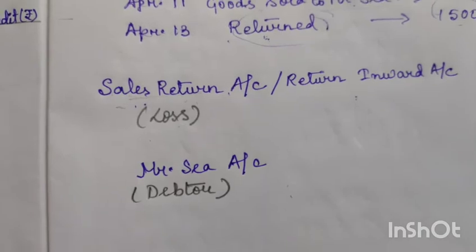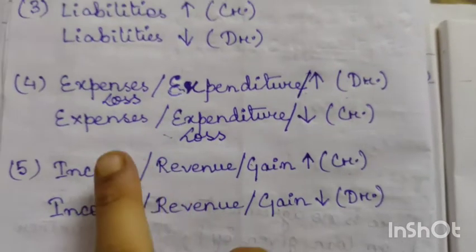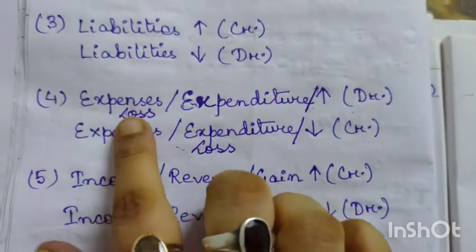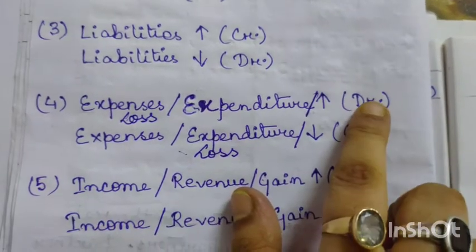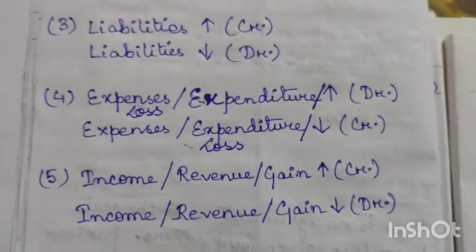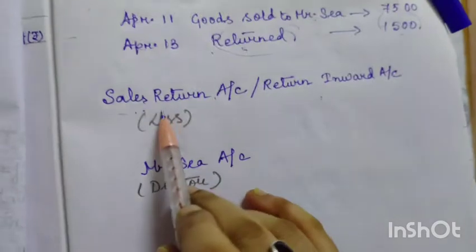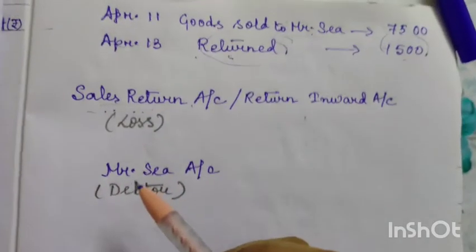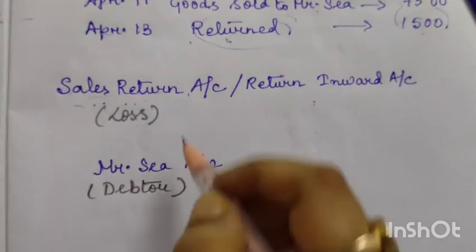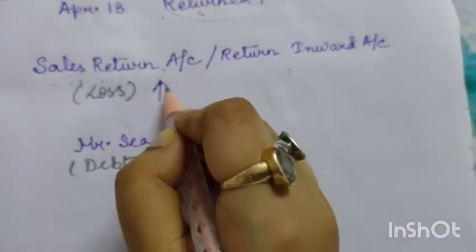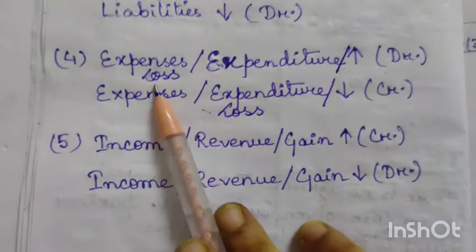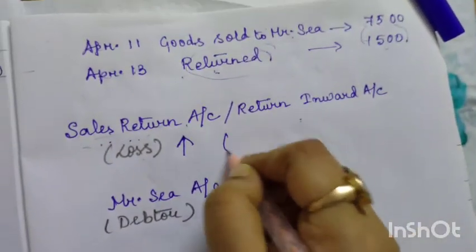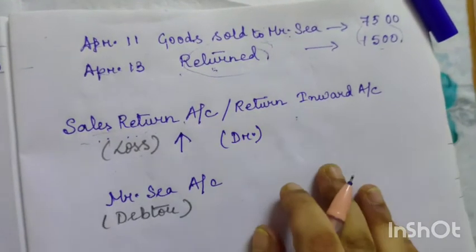Now according to the rule of accountancy, if expenses or loss or expenditure increases, then it is debit. That means in this case, whenever customer returns us the goods, that is a loss for us. So in this case, our loss is increasing. So whenever the loss or expenditure will increase, it will be debit. Okay. So this account is debited.